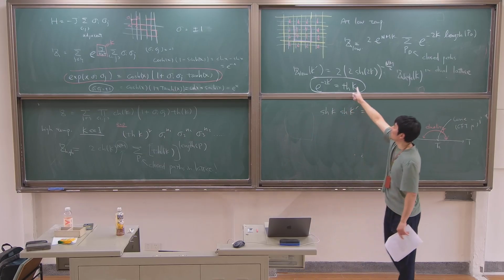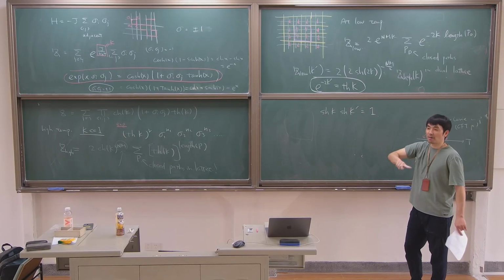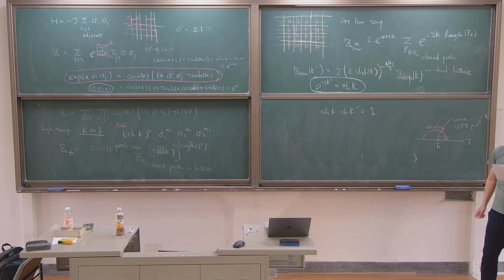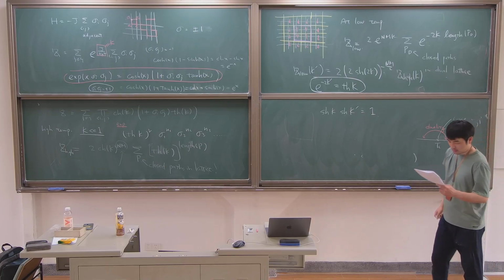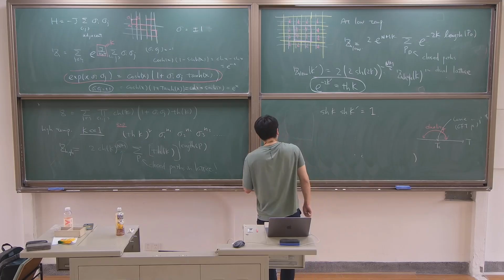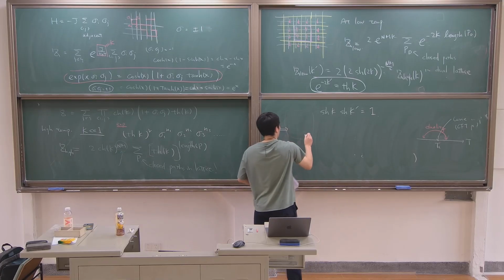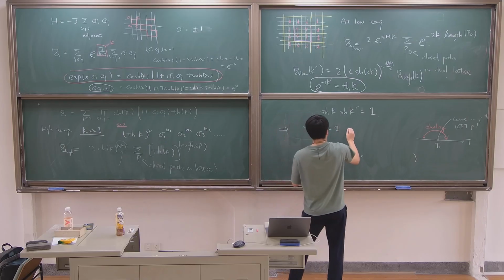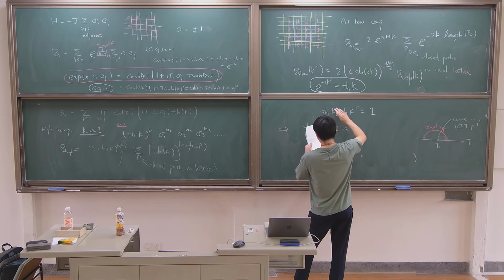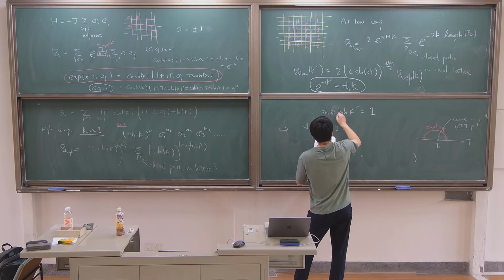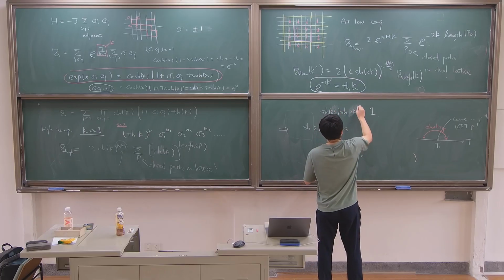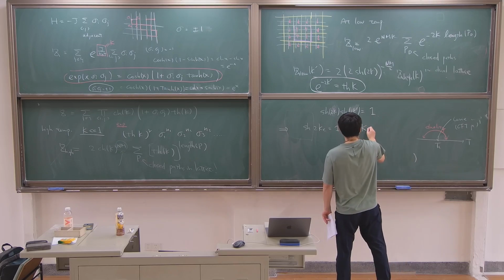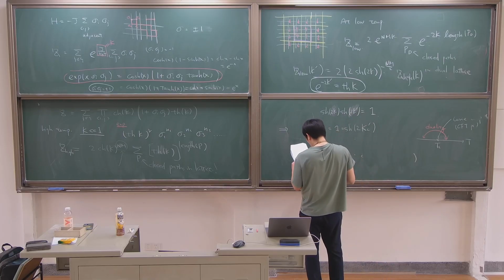It is a good exercise to derive that this is equivalent to this, so K and K prime are symmetric. The critical temperature is then given by sinh 2Kc equal to 1, that is sinh 2Kc equal to sinh 2Kc prime.